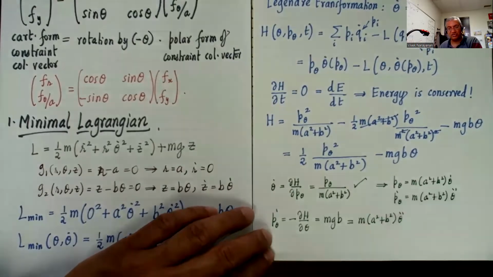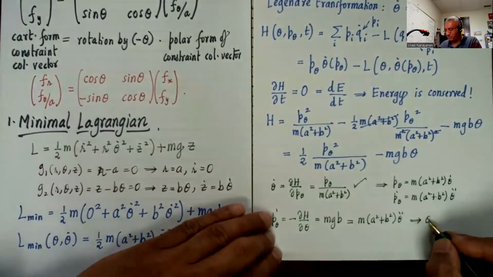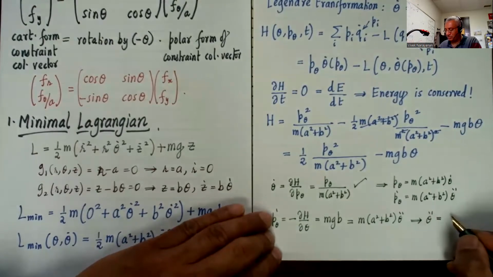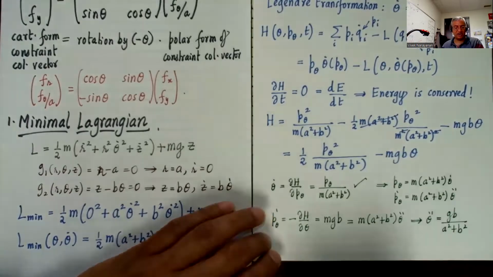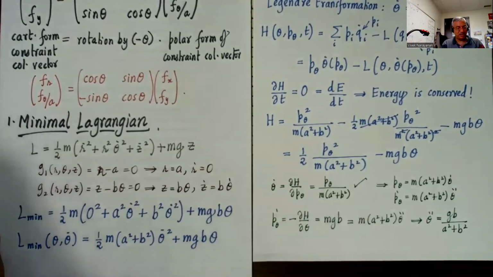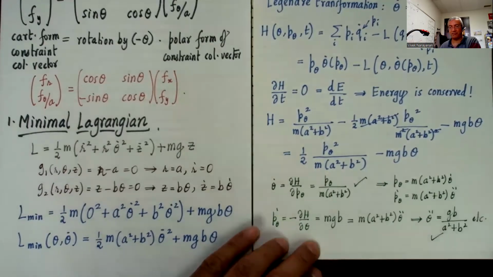Again, the mass cancels, so you have sliding down the banister, Galileo, and this gives us theta double dot equals gb over (a squared plus b squared). Now we are back to where we were in our earlier treatment, so I'm going to basically stop at this point. So I'll write etc. So we get back what we have.